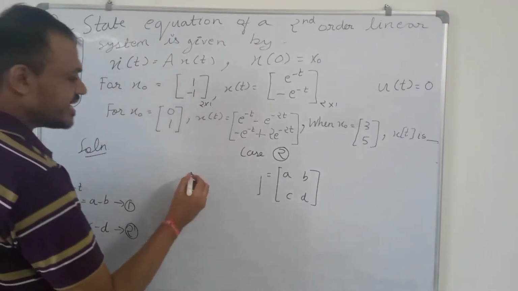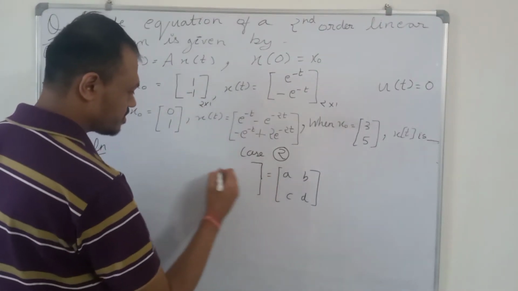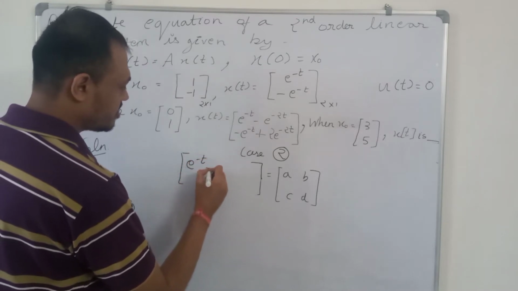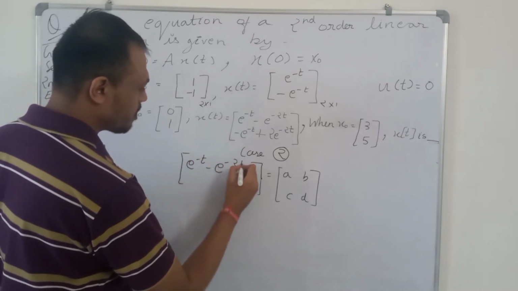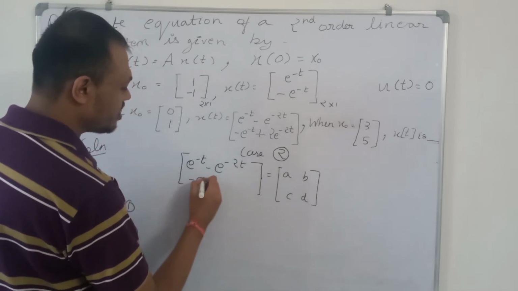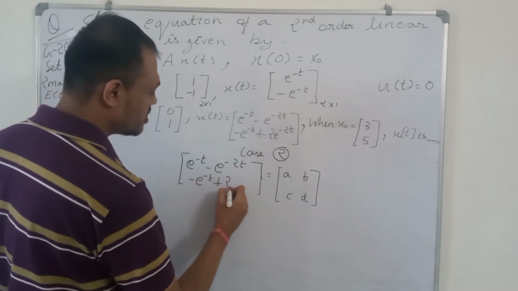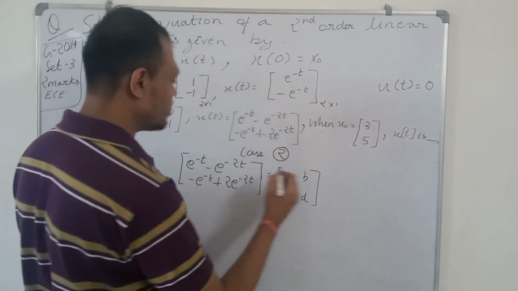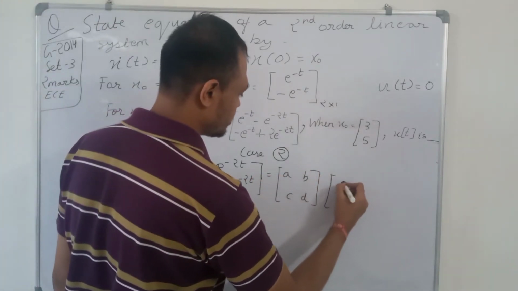In the second case, x of t is e to the power minus t minus e to the power minus 2t, and minus e to the power minus t plus 2 e to the power minus 2t, and x of 0 in this case is 0, 1.